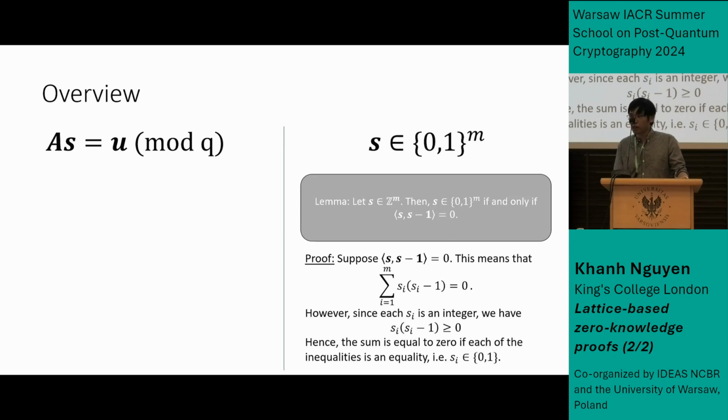It's greater or equal to 0, right? Because Si is indeed an integer. So in particular, the sum is equal to 0 if and only if each of these inequalities is an equality. So in particular, Si is either 0 or 1. Okay, so that's a very simple lemma, but we will show that it's easier for us to prove inner products. So any questions so far?